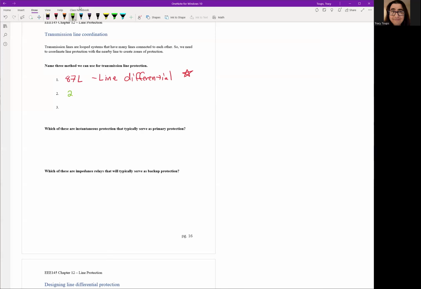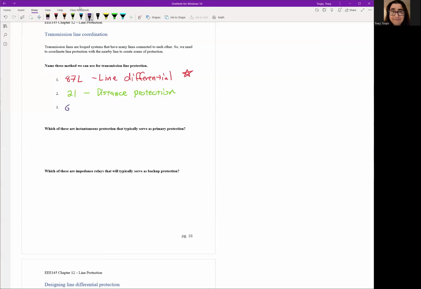Second best, which has been used for a while, is the 21 relay. This is a distance protection. This uses impedance-based relaying with its zone 1, zone 2, zone 3s. It's acceptable. We've been using this for 100 years. There are pros and cons to it, but it's up there with differential protection. These are the 2 main ones we use.